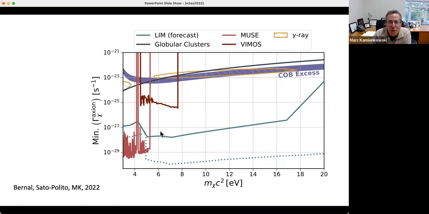And we have two plots, two lines here. This is a very optimistic estimate that depends on our ability to deal with zodiacal light. And this is a less optimistic estimate, assuming that we have to model out zodiacal light contributions. But what you see is, regardless, this cosmic optical background excess, you might look at it and say, well, they didn't know what they're doing.